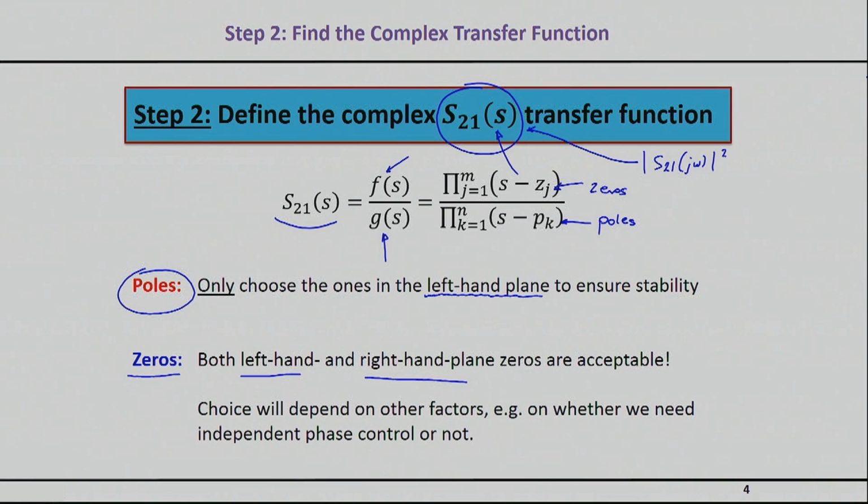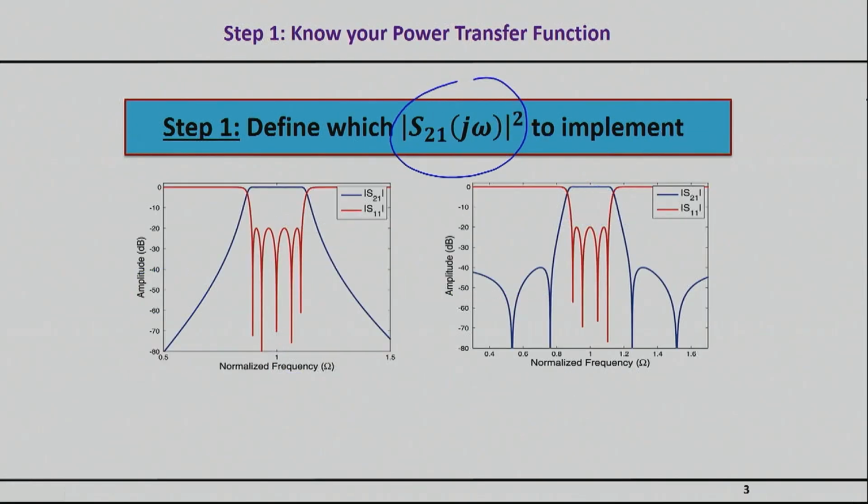Which zeros you choose out of all the possibilities depends on whether you want to achieve an independent control of phase from magnitude. If you only choose the left-hand zeros, then you cannot control phase independently from magnitude. Once you choose the magnitude response, which will be something of this nature, then your phase is set. You can't do anything about that.